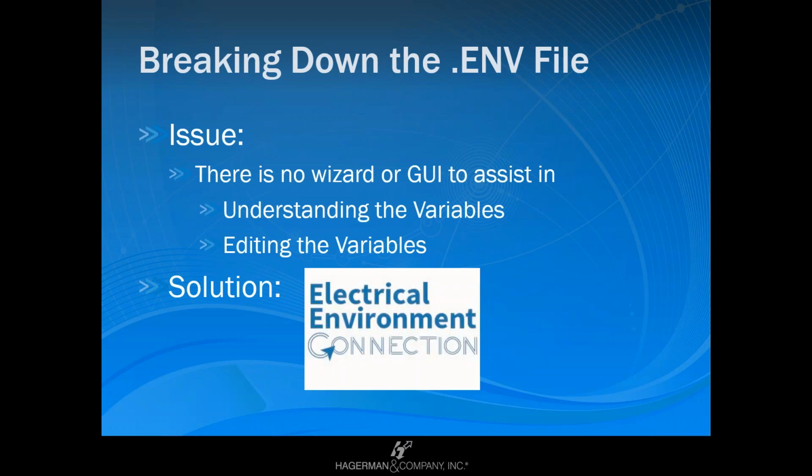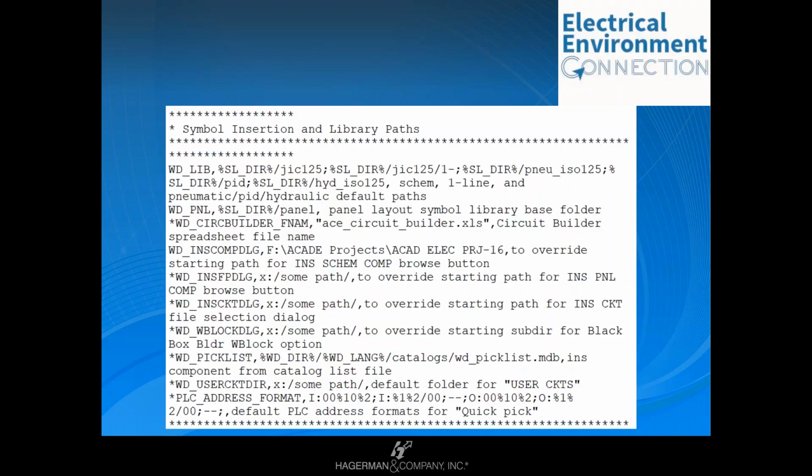So what we've done over the last about year is that we've developed what we call the Hagerman Electrical Environment Connection. The purpose of this connector is simply to provide that graphical user interface to allow editing and understanding this file to make more sense.